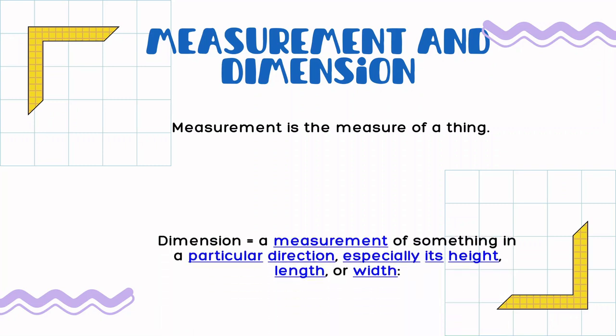So, what is dimension? Dimension is a measurement of something in a particular direction. So it can be height, length or width.